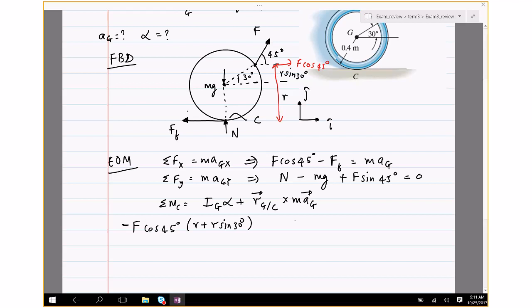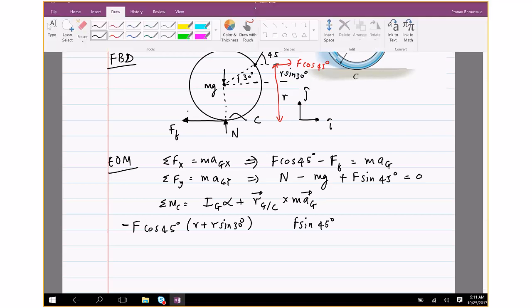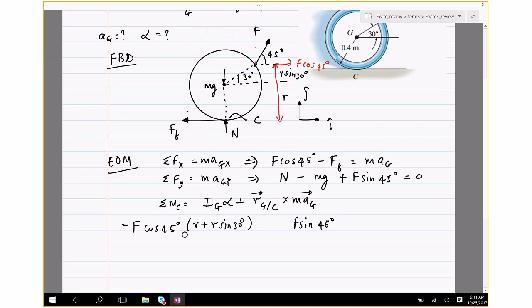Then I have F sine of 45 degrees, which is this force. Okay, I need to find the normal distance from this force to point C. So this distance is going to be R cosine of 45 degrees.